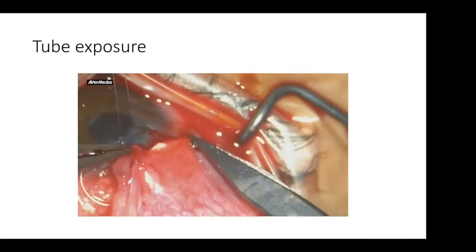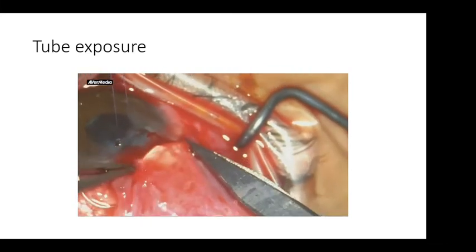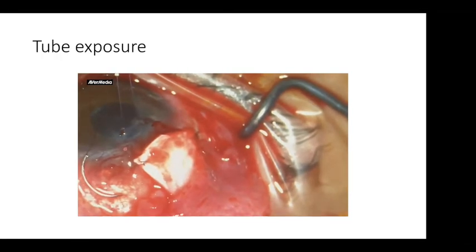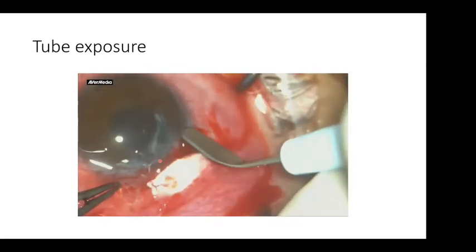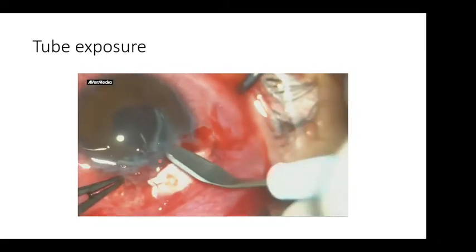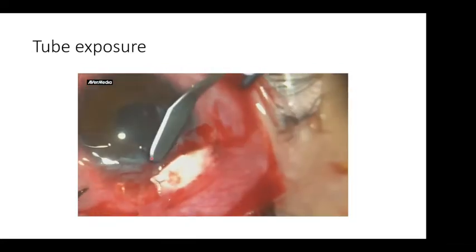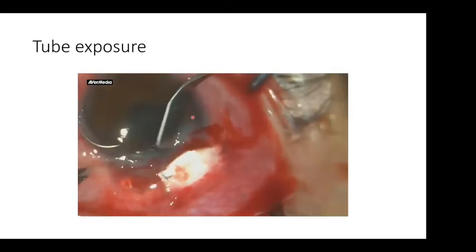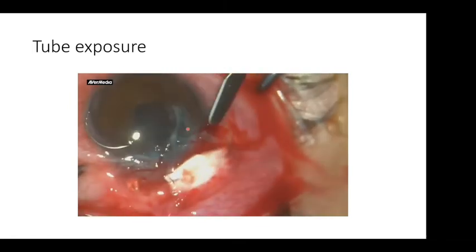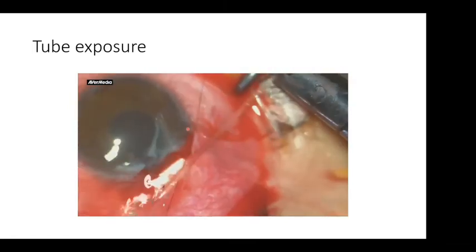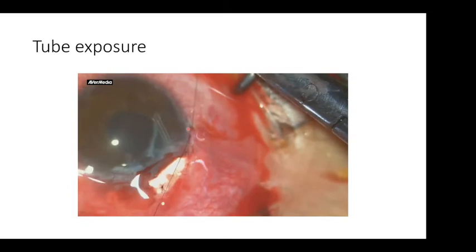I was very fortunate that the conjunctiva could be directly closed after trimming the corneal epithelium, and I got nice healing. Afterwards, after I sutured the conjunctiva, I moved to the tube, because this tube is relatively long, as you see, and I'll shorten it because it was a bit close to the cornea.